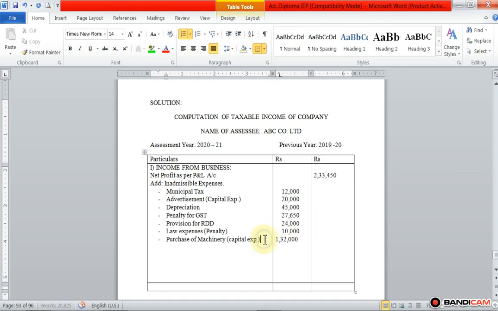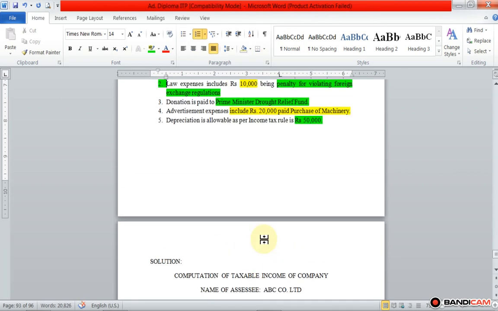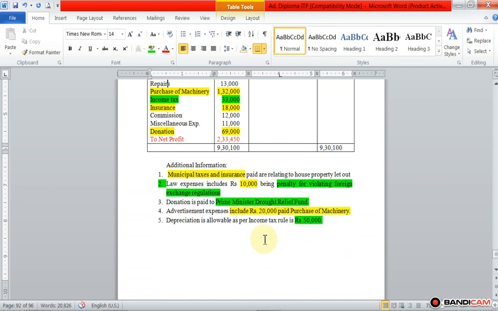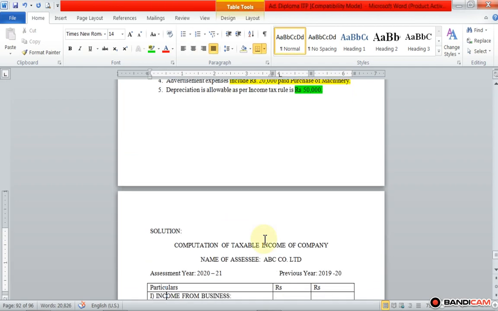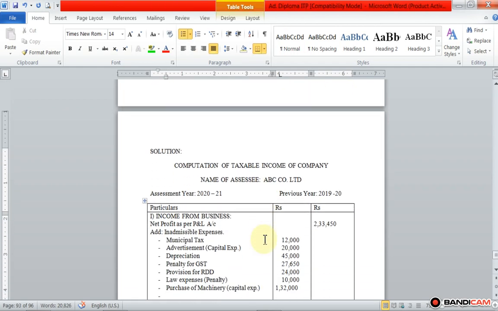Then income tax 33,000. Income tax 33,000.